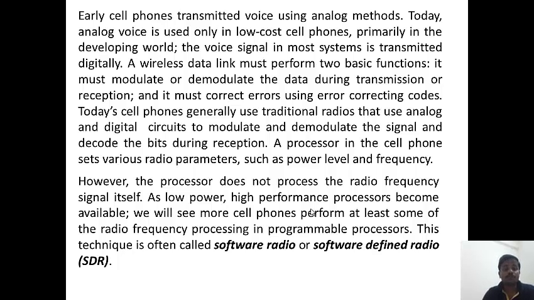However, the processor does not process the radio frequency signal itself. As low power, high performance processors become available, we will see more cell phones perform at least some of the radio frequency processing in programmable processors. This technique is often called software radio or software defined radio.